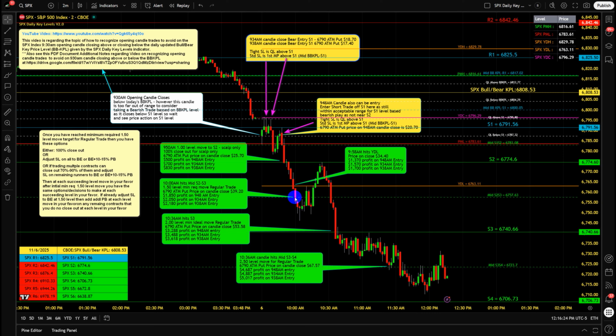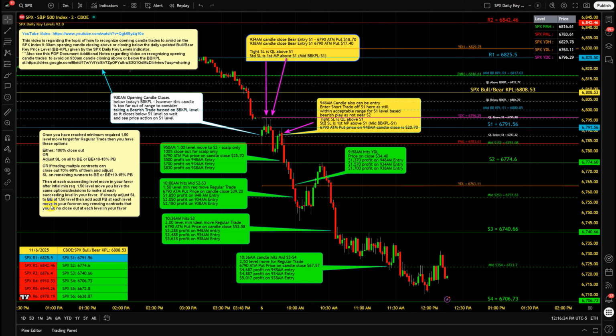after this minimum required level of 1.5 levels, if you did not close out all of them, and you adjusted your stop loss to break even or break even plus the profit buffer, when it then reaches the next succeeding level in your favor, you have the same options again to either close out or further adjust your stop loss.